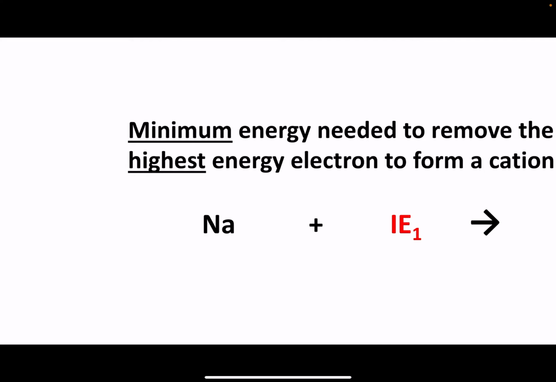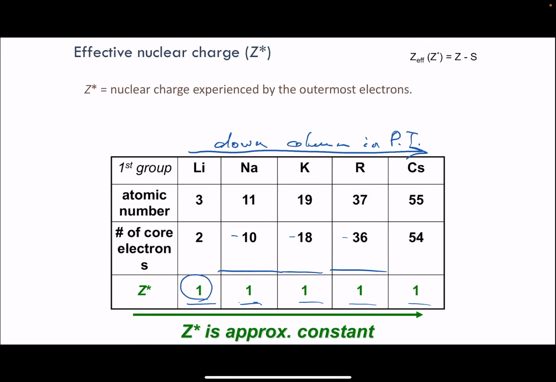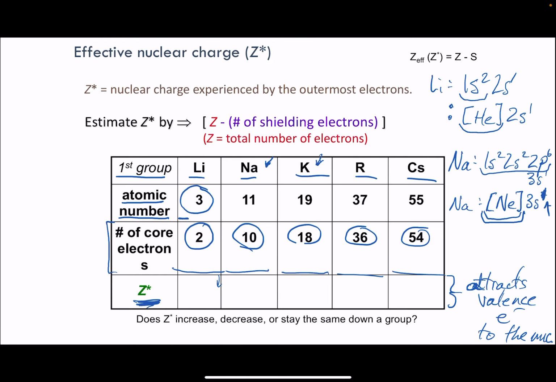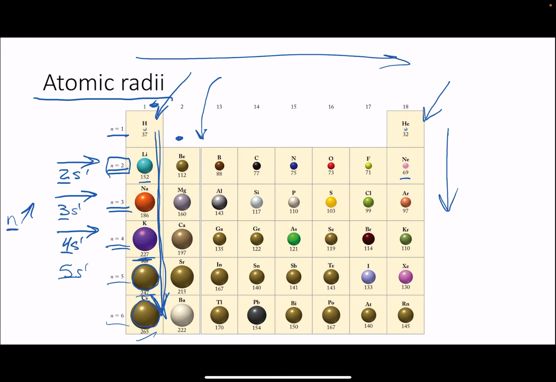So I invite you to take a moment to pause the video and predict the effective nuclear charge as you go across this row here. Do a calculation there quickly and prove to yourself that the Z star, or if you want the ZEFF from previous slides in this video, increases as we go from left to right in the periodic table.